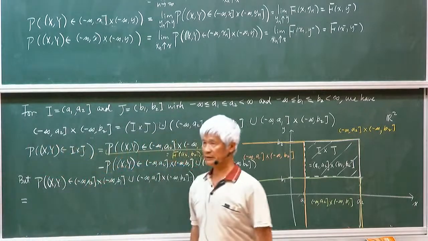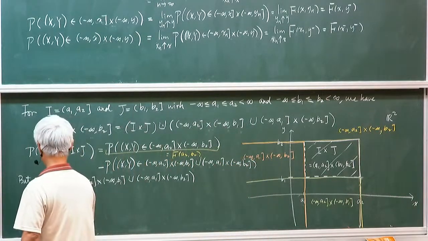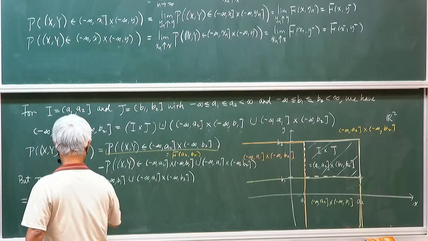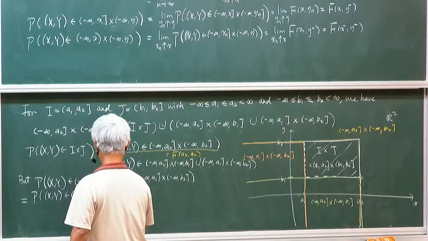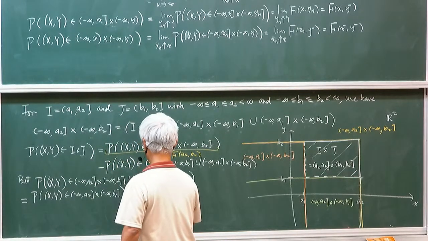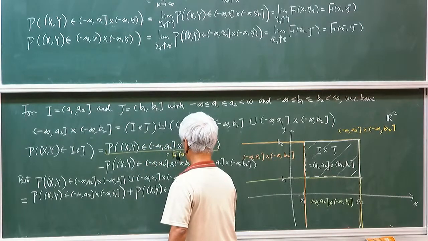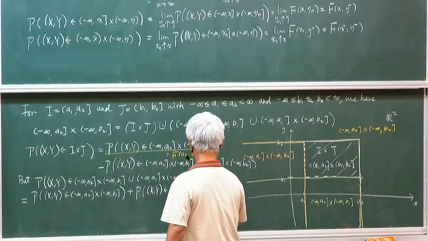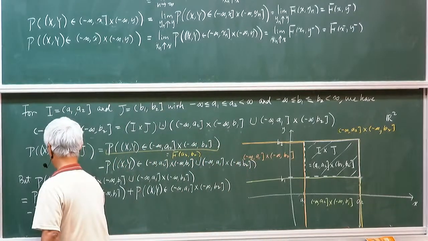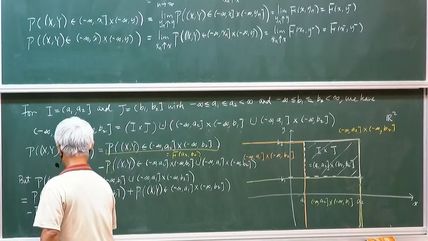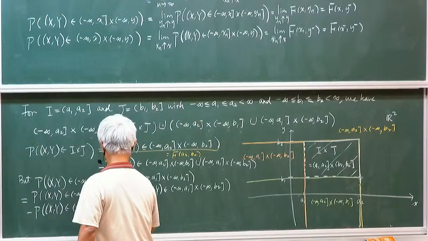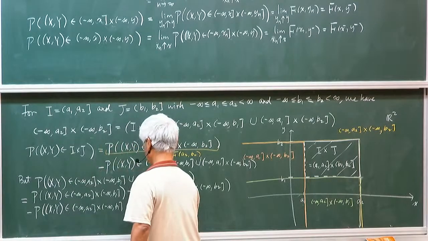So by the inclusion-exclusion formula, this is equal to the probability that XY is in the first, plus the probability that the random vector is in the second, minus the probability that XY is in their intersection.